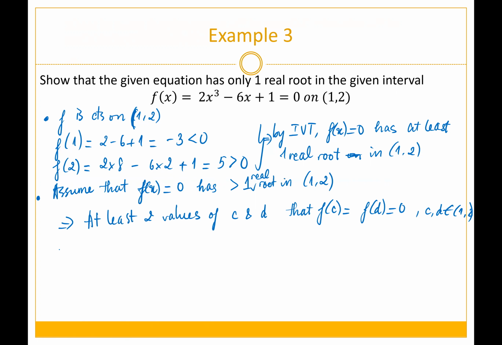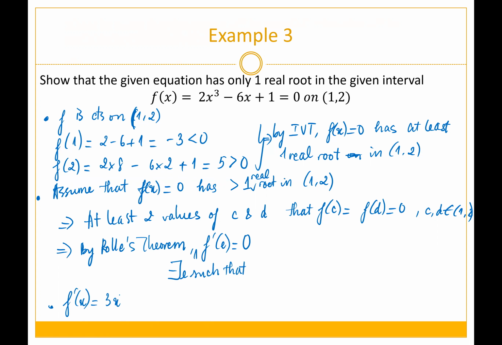Then by Rolle's theorem, which is usable because the function and its derivative are continuous and differentiable, there will exist a value e such that f prime of e equals f(d) minus f(c), which equals 0. But here, look at f prime of x, right?